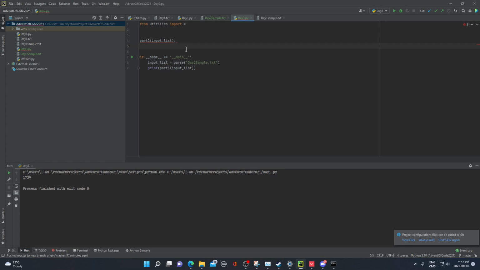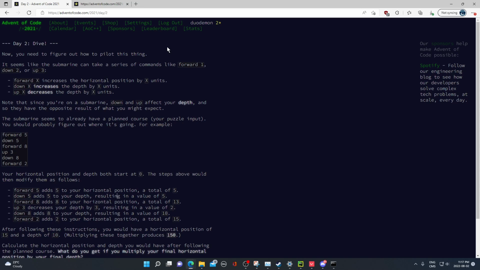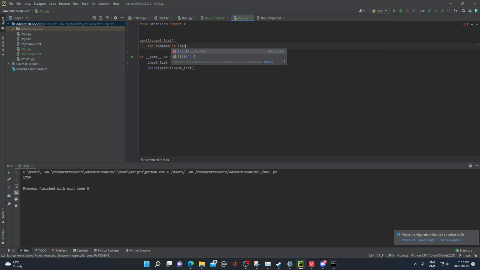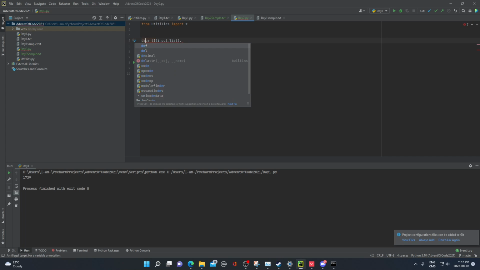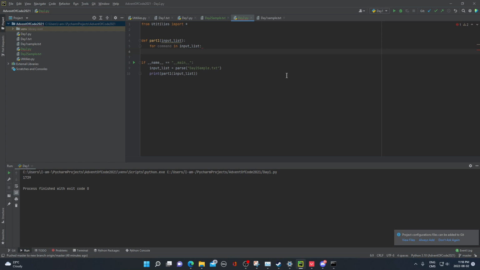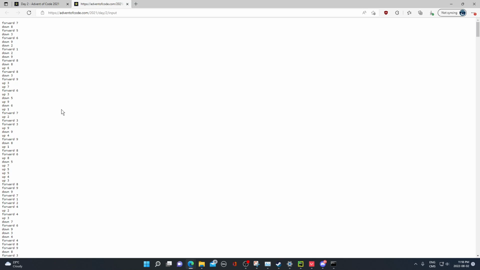So, let me think here. We got our input lists. We parsed it already. Let's just go through it. I'll just call it command, in input list, and then I will try to split it by the space, because as you can see, you have to assume that the puzzle input is correct and that there's going to be only one space between the word and the value.